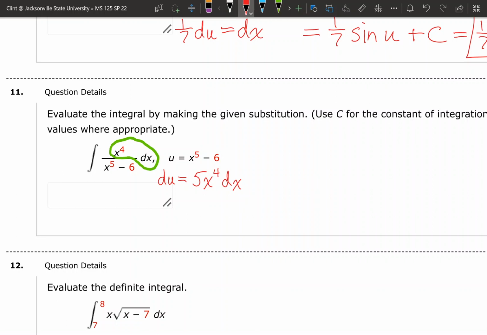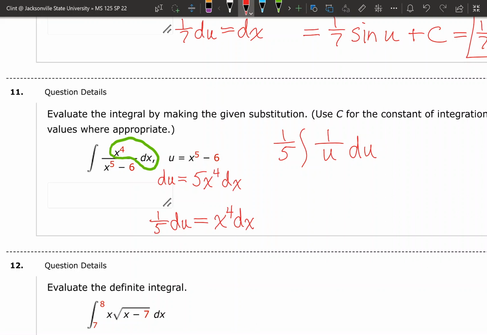So our adjustment, you can either think about multiplying both sides by 1/5 or dividing both sides by 5. That'll make it match up. So that constant factor of 1/5 we can put out front. Either you can write it 1 over u du, or you can write it du over u, whichever way you prefer.